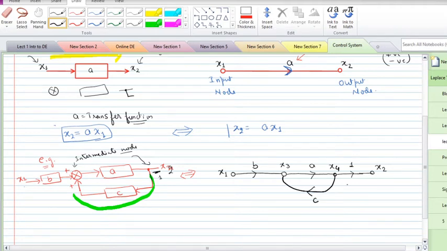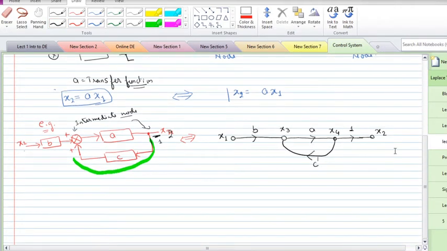So when we calculate its transfer function using signal flow graph, we have to proceed in this way. We have to calculate the value or expression for each node except x1, in terms of x1.